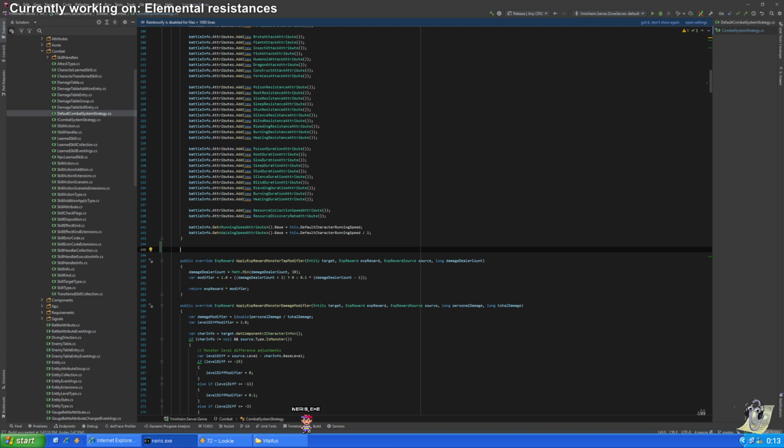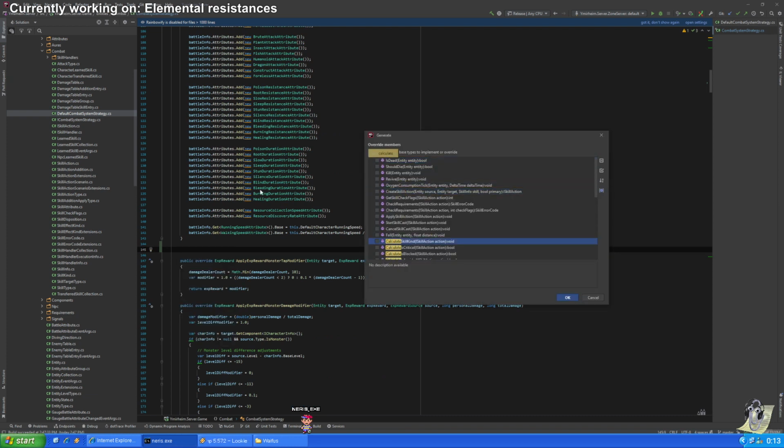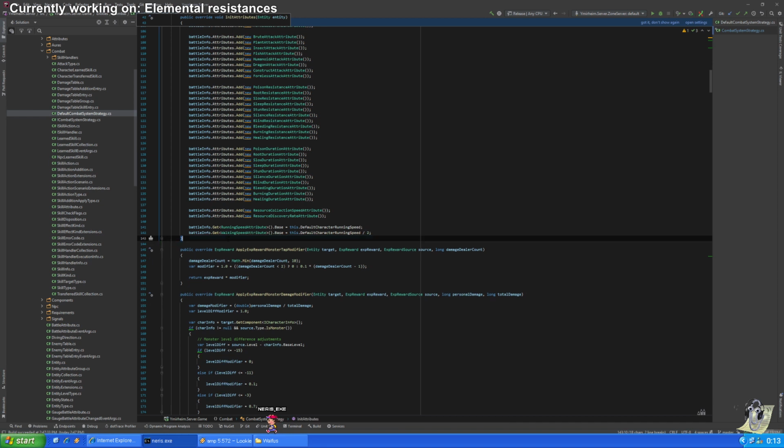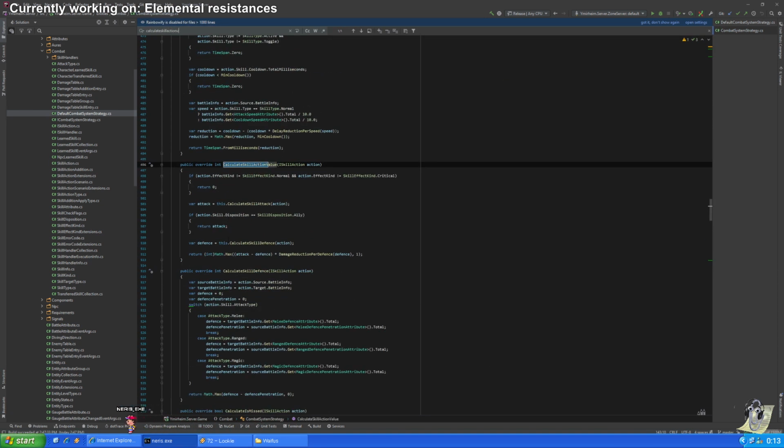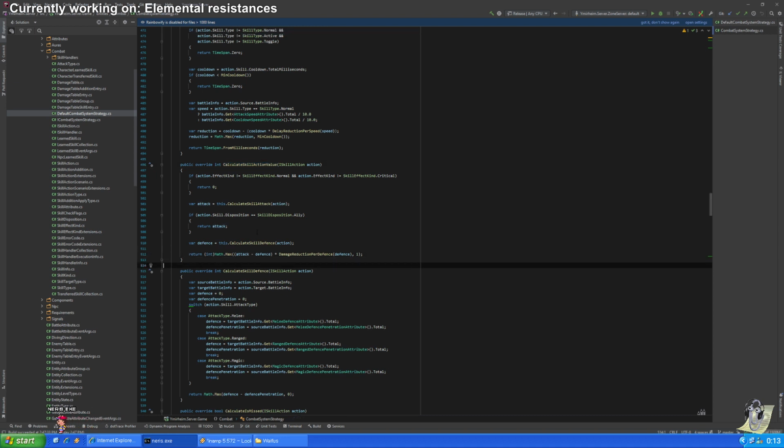Calculate skill action value. Yeah. What? Did I already override it? Yeah. Okay. So this is fine.